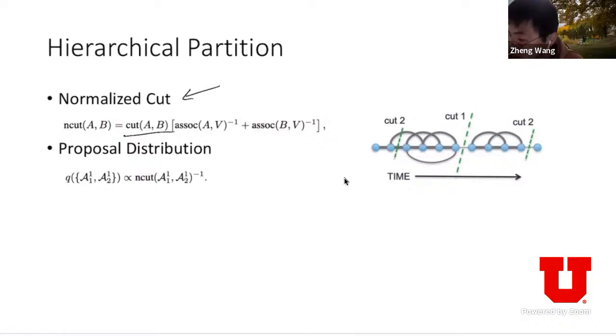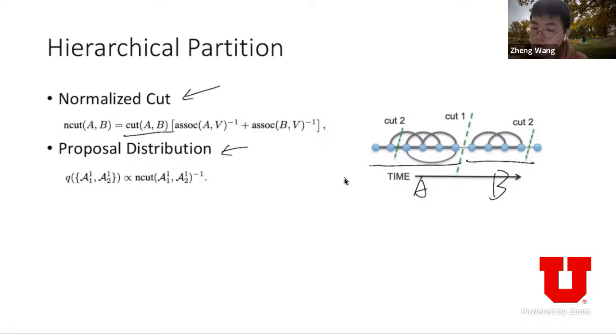Like here, this part can be A, this part can be B, and you try different combinations of A and B. You can have different normalized cuts, and according to the normalized cut, we gave a proposal distribution.